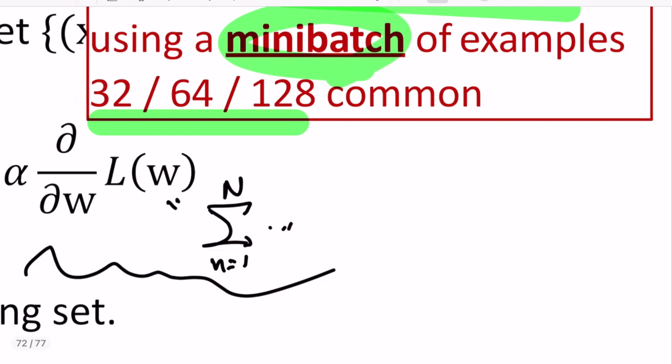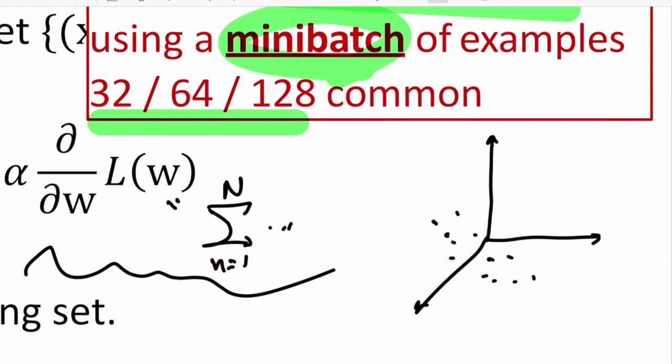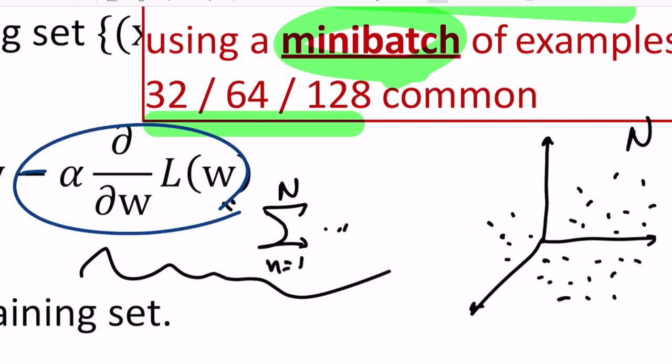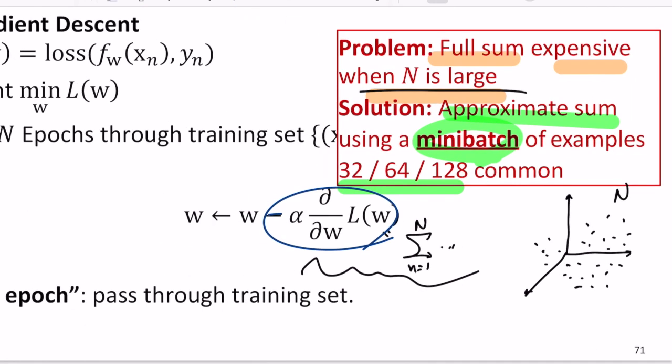Let's suppose that you have m training samples. In the original gradient descent algorithm, we consider all these training samples at the same time and compute the loss gradient. But it's going to be very challenging.